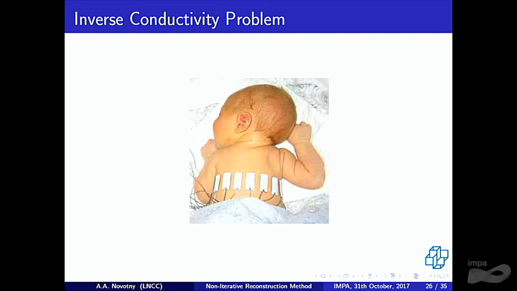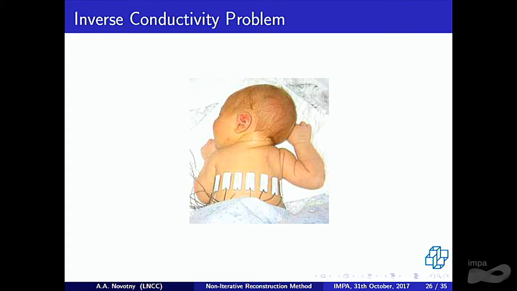So this is a real life experiment here. The interest in this problem is that it's non-invasive, so we can do it on in vivo specimens. In this case here, a baby. This is to control, for example, apnea in babies. This is the electrodes.